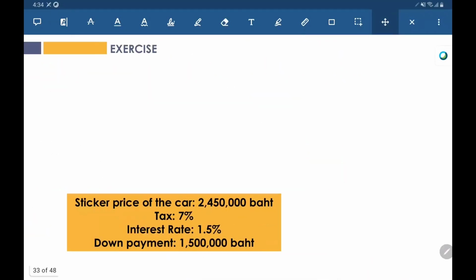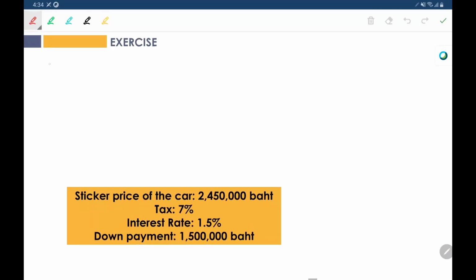And then you have to pay the interest rate of 1.5% a year. And how much money do you have to pay in the future? From the future value formula, A is equal to P times (1 plus RT). Your P is 1,121,500.